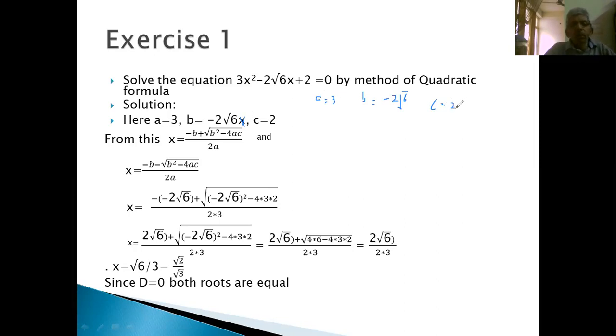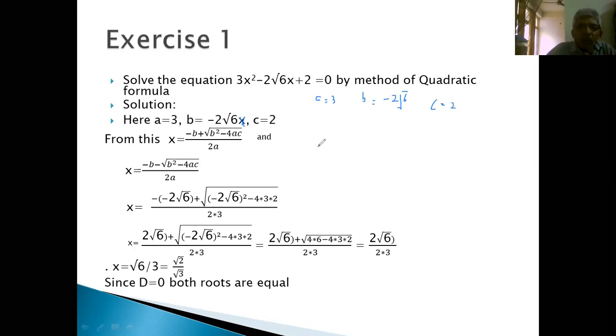So what do we do? We put x is minus b. b is minus 2 root 6. So minus of minus 2 root 6 plus under root b square minus 4ac. b square means square of minus 2 root 6, whole square, which means 2 to the 4 into 6, 24.